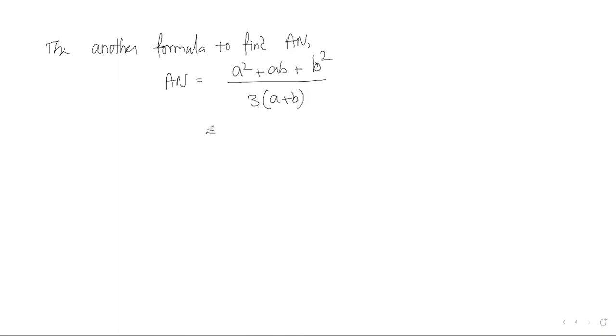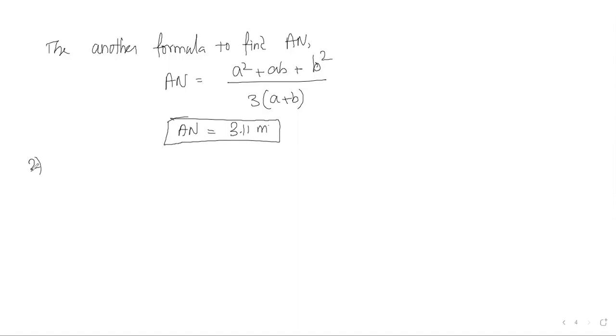If I substitute 4 squared plus 4 into 8 plus 8 squared, the whole divided by 3 into a plus b total, it becomes 3.111 meters. So in both cases, we got the same value. Okay. Now let us move on to the second question.